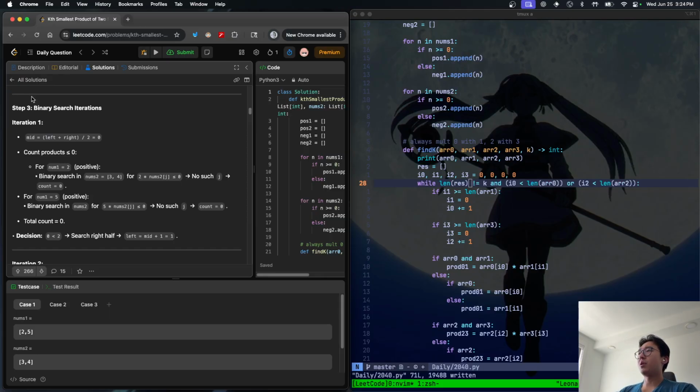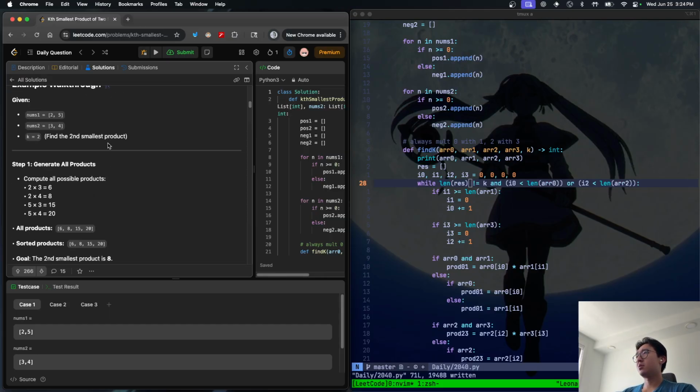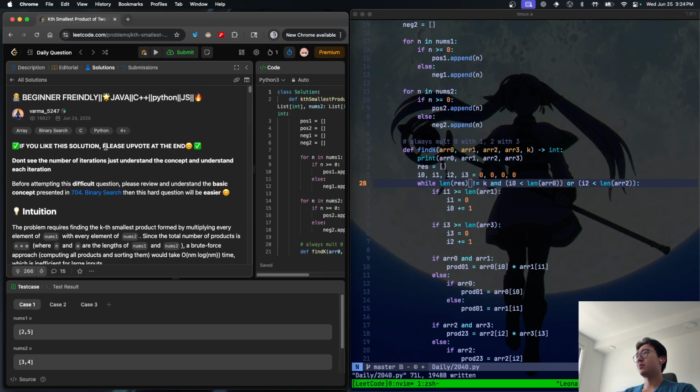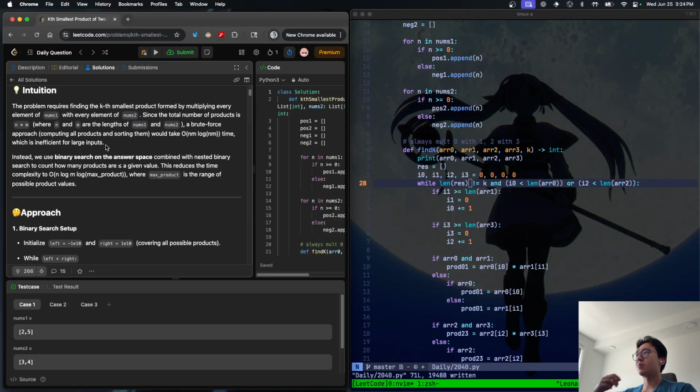Wait, so you do generate all the products? The problem requires finding the k-th product formed by multiplying every element in nums1 with every element in nums2. The total number is going to be m times n.